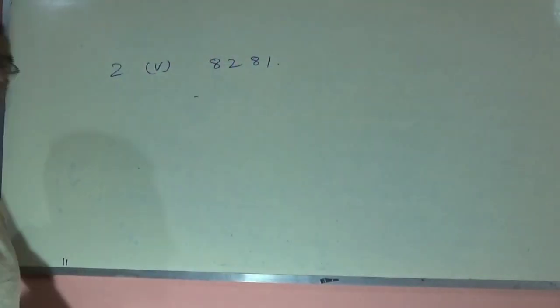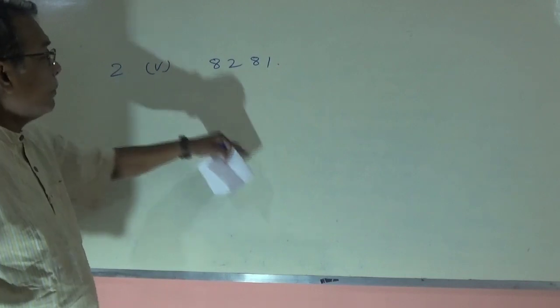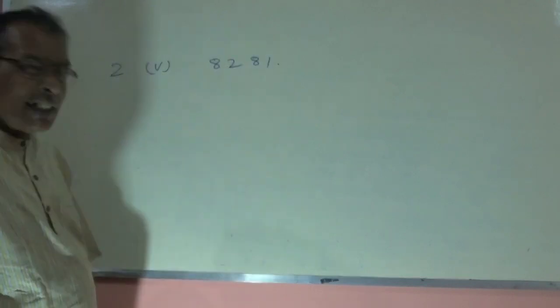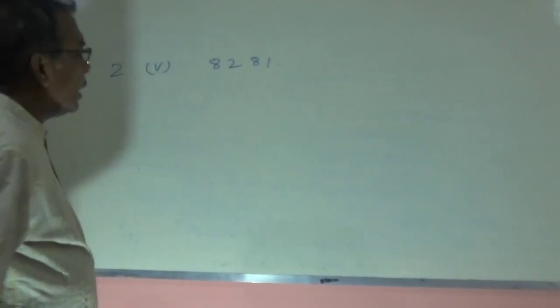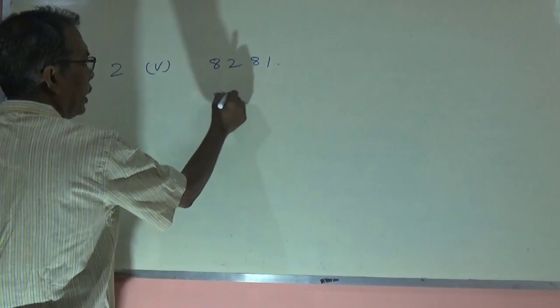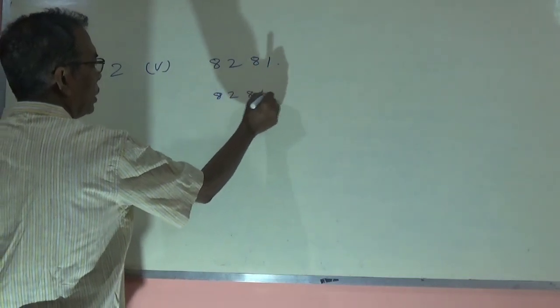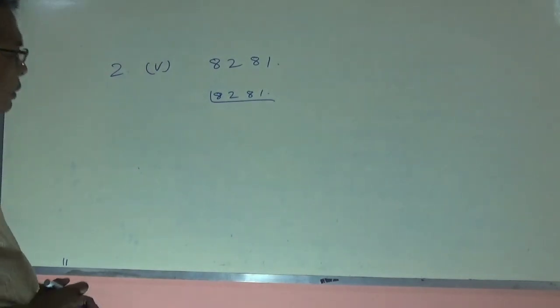Yes, they are claiming that this is a perfect square. Then let us see if their claim is correct or not. Okay, it is not divisible by 9 and 3. So 8281 is not divisible by 3. I think with 7.